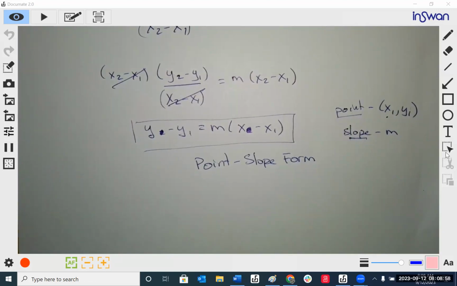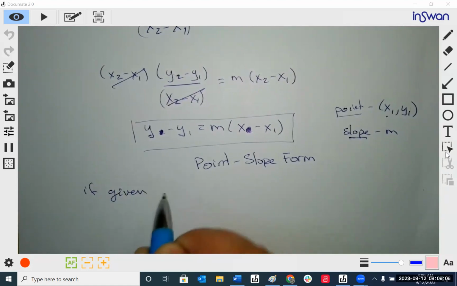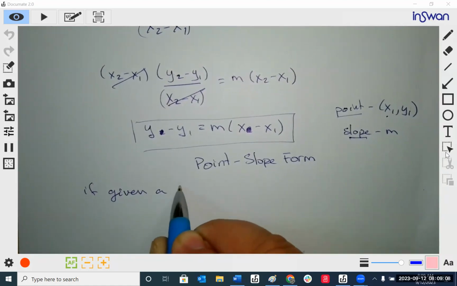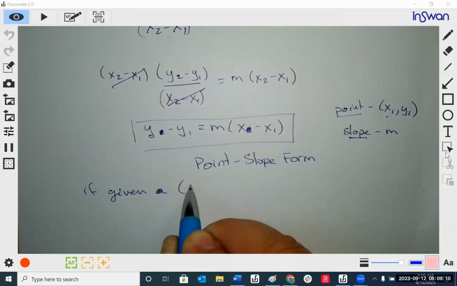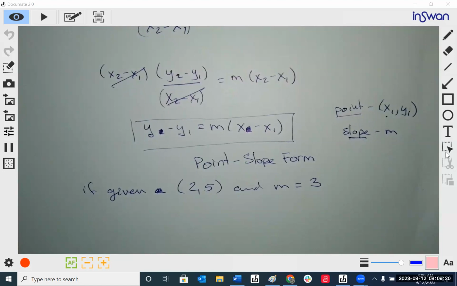If they want it in point slope form, all you do, if I give you, let's say, if given a point, let's say 2, 5, and the slope, if you're given that information, find me the equation of the line in point slope form.